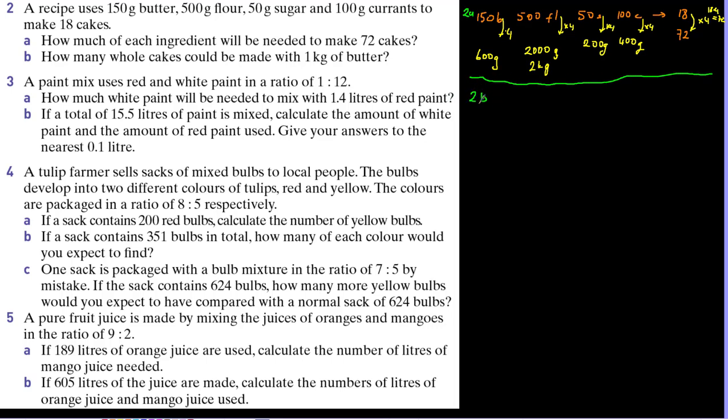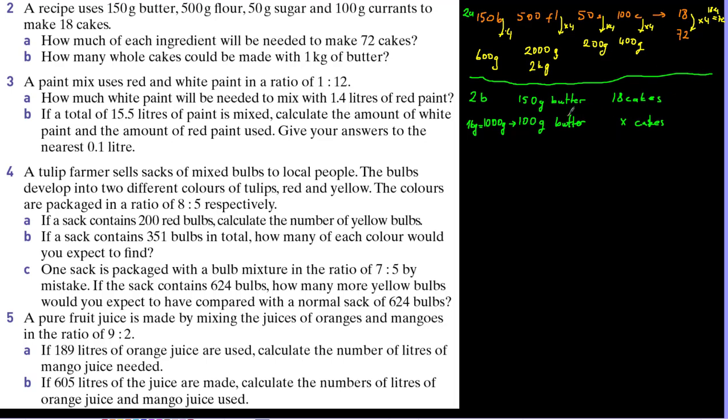Now this time, with 150 gram butter, I'm going to make 18 cakes, and with 1000, because 1 kilogram is 1000 gram, which means that 1000 gram butter, how many cakes?